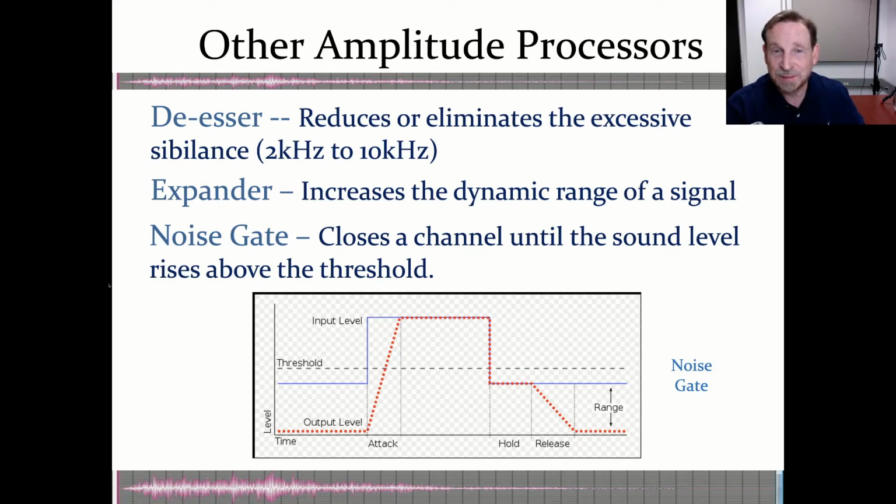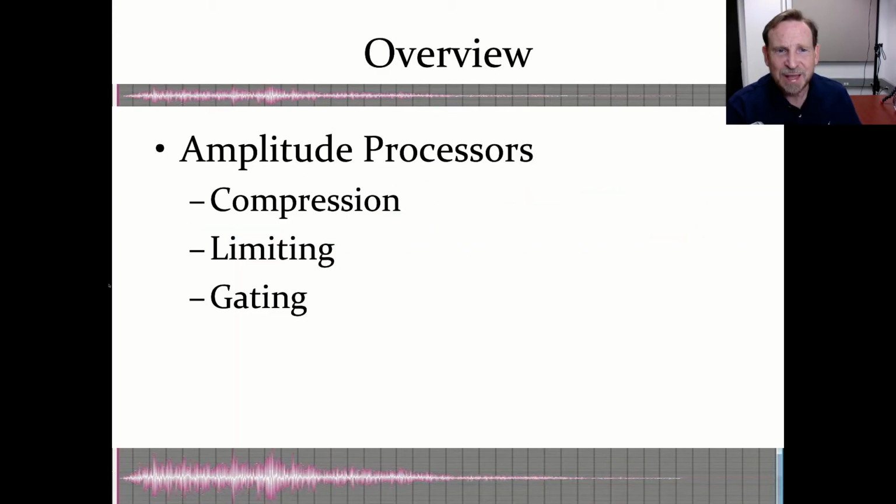We have talked about some of the time processors. You can actually put some noise gates on time processors to create some effects as well, and you can play around in Audition with some different tools like that, some settings that they've got if you'd like. So that takes us through our key amplitude processors: compression, limiting, gating. Remember, compression is going to be controlling the dynamic range.